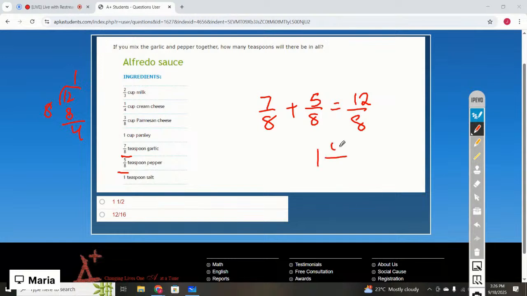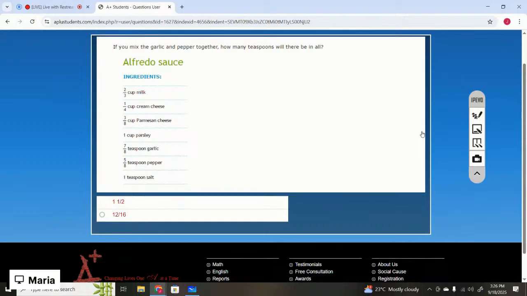That is 1 whole 4 over 8. Let's just divide them by 4. That is 1 whole 1 over 2. Option number 1 is the correct option.